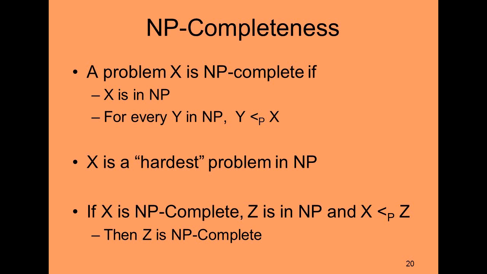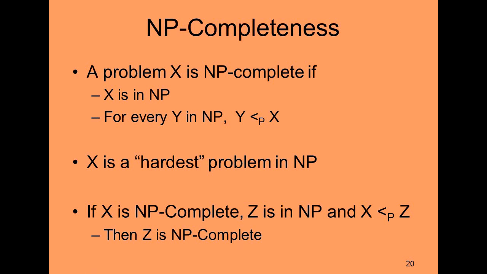This is another way to prove NP completeness. If you already have some problem which is known to be NP complete, so if X is NP complete and Z is in NP and X is polynomially reducible to Z, then we call Z NP complete.